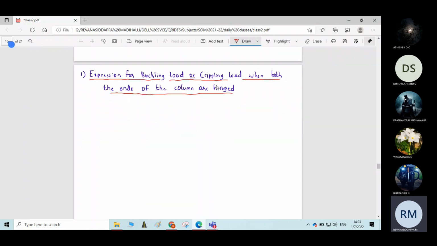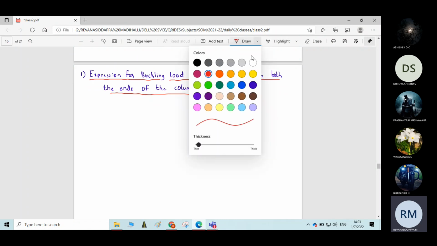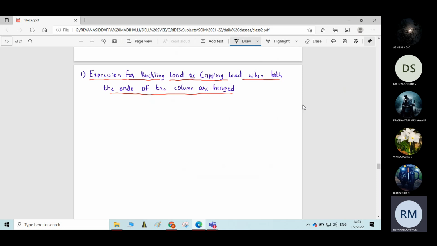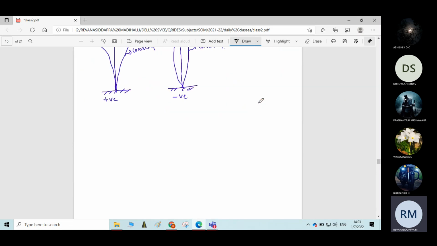Now write a figure. I will consider a column. When both the ends of the column are hinged and you apply an axial load, the column will bend like this.